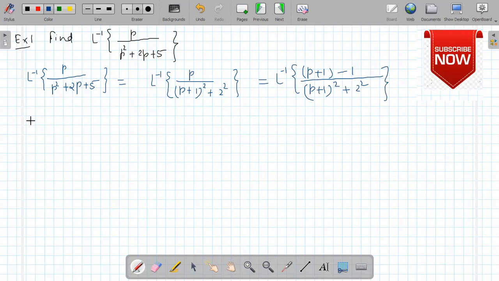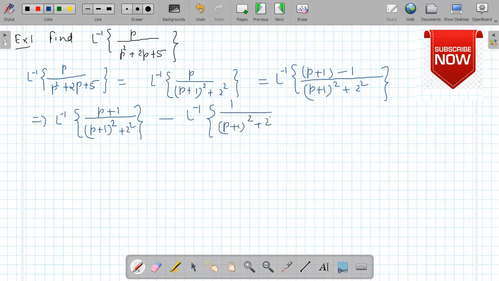Now we can write this as two separate terms: one is Laplace inverse of (p plus 1) upon (p plus 1) whole square plus 2 square, and the other one is Laplace inverse of 1 upon (p plus 1) whole square plus 2 square.